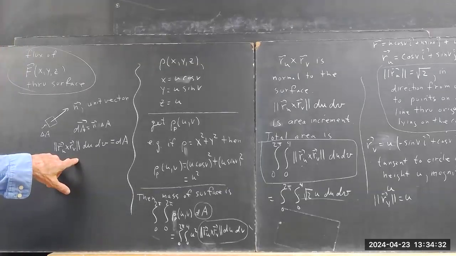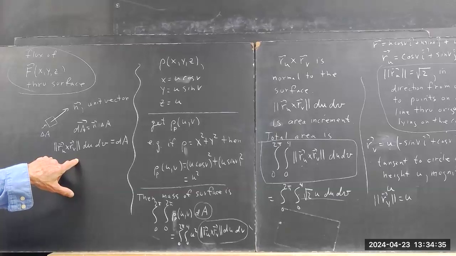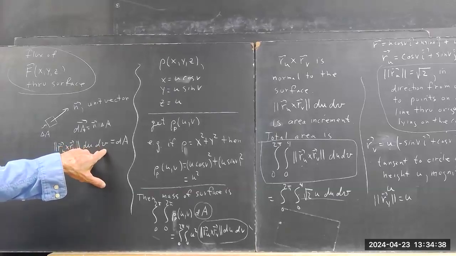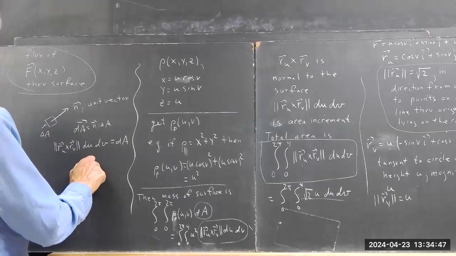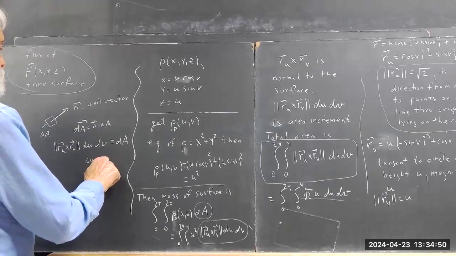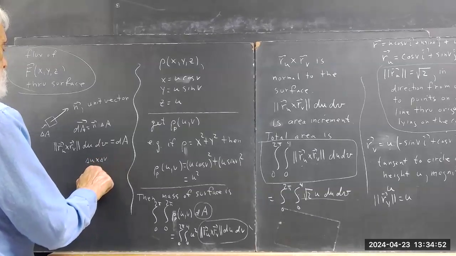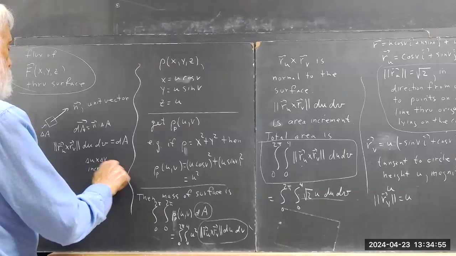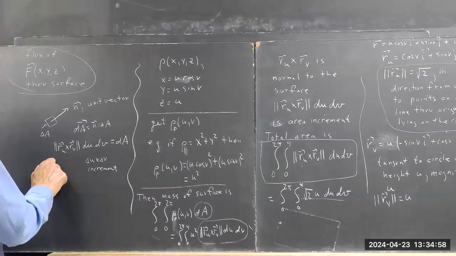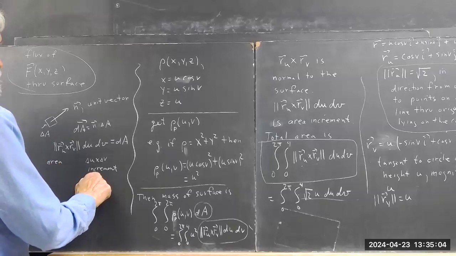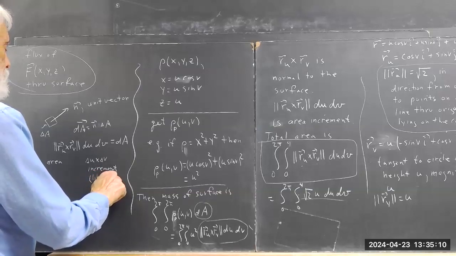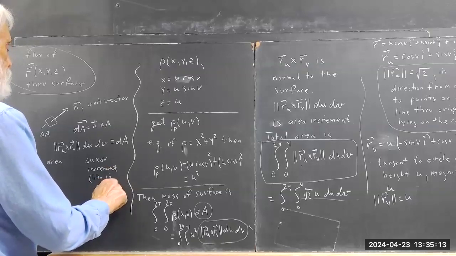Again, the magnitude of RU cross RV is the area multiplier for du by dv, or delta U by delta V increment. That's a two-dimensional increment.